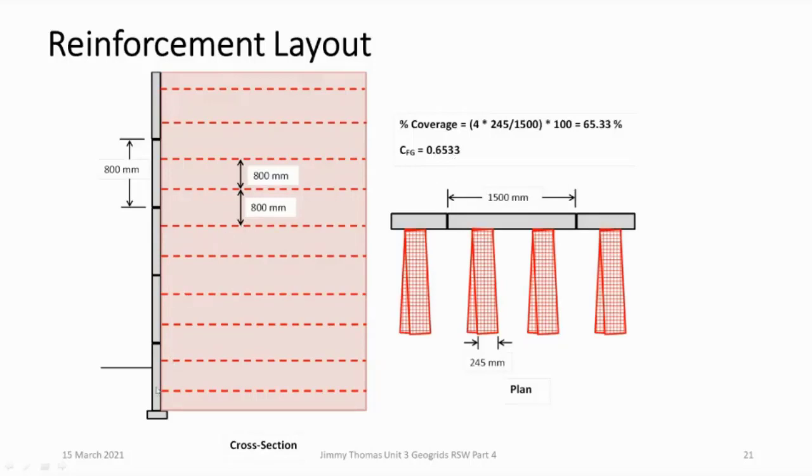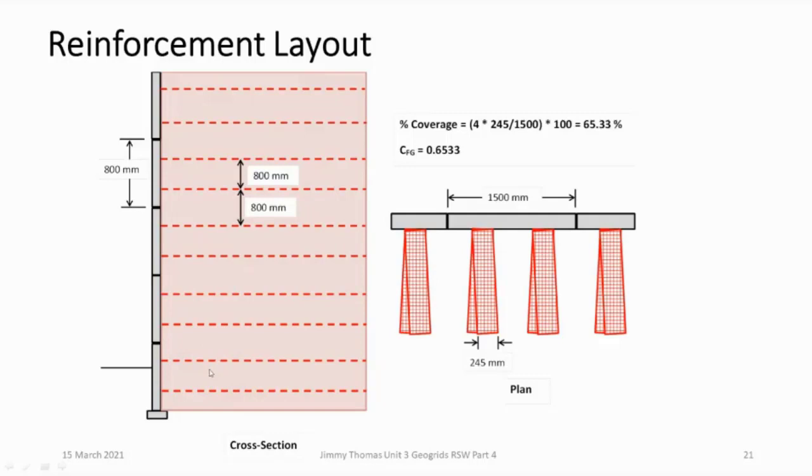Then we have panels of say 1.6 meter, and the reinforcement spacing we are keeping as 800 millimeters. Normally we try to keep the spacing as uniform as possible. There are many criteria. One is the compaction lift, because we have to place and compact the soil in lifts, so the spacing has to be a multiple of that.